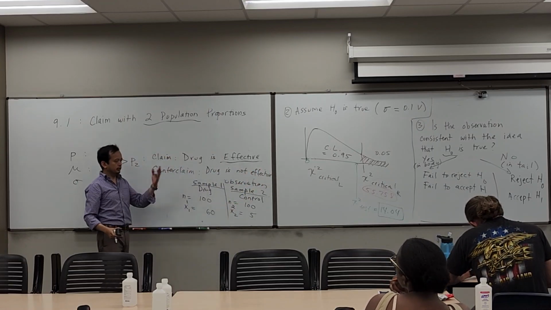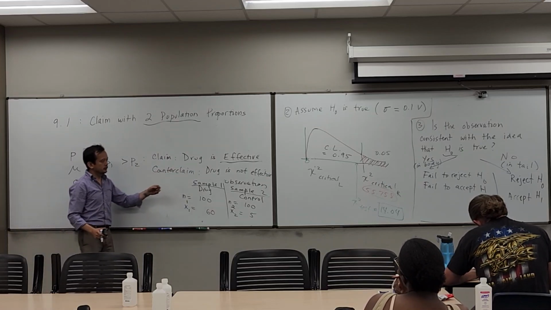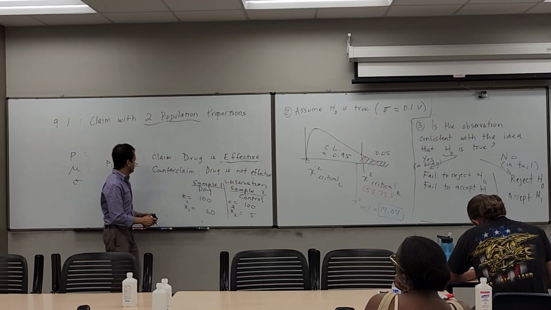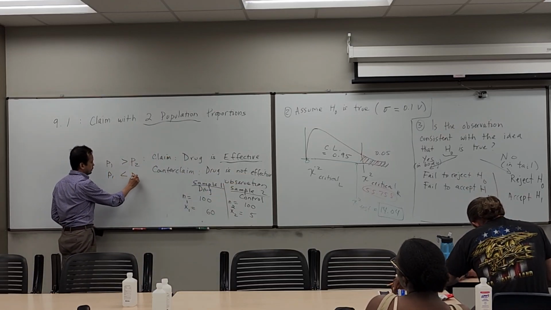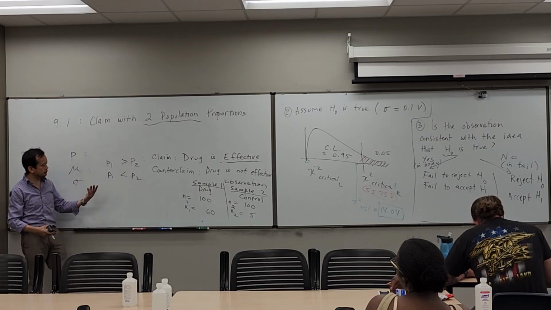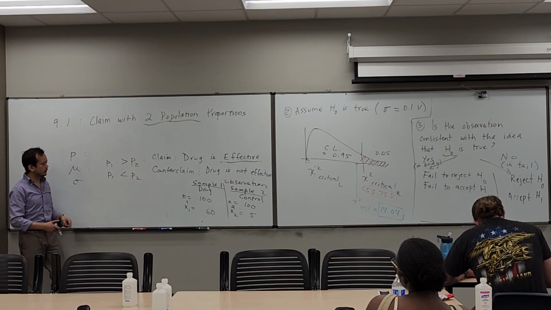But now we convert that English statement in words into a mathematical statement. So to say that the drug is not effective means that either P1 could be less than P2, or the proportion of people who get their cholesterol lowered after taking the drug is even less than not doing anything and being in the control group.